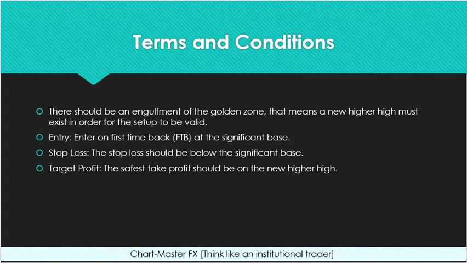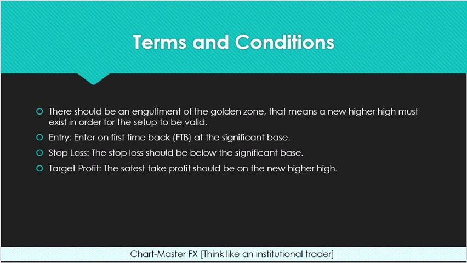So the entry level, we actually place a trade on the first time back to the significant base. That's where we can place our trade, and our stop loss should be below the significant base.